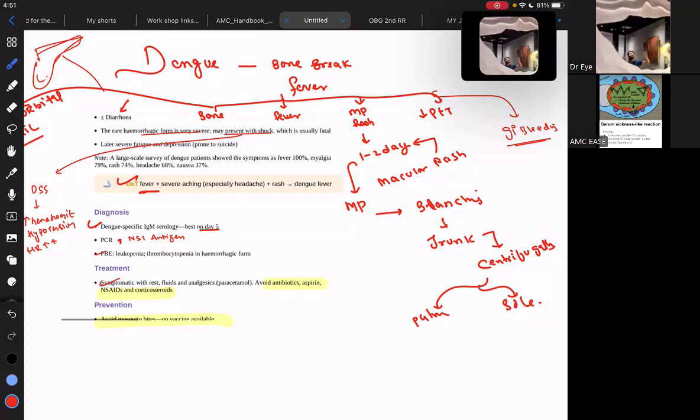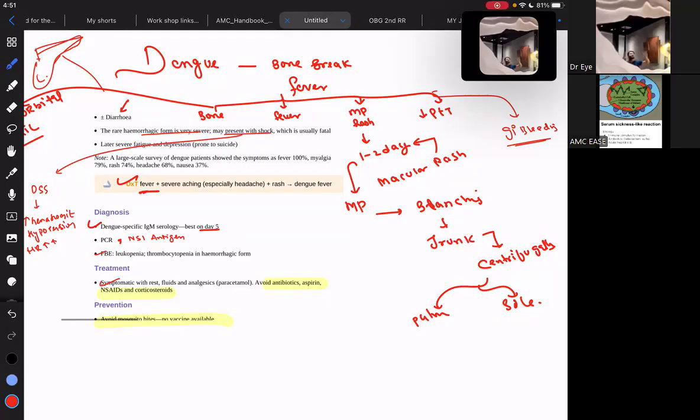There's a book, Davidson, right, which we usually follow in the subcontinent areas. It's Harrison or your Davidson. The Davidson writes that dengue can have vertical transmission if it is detected in mother after 7 days of delivery.